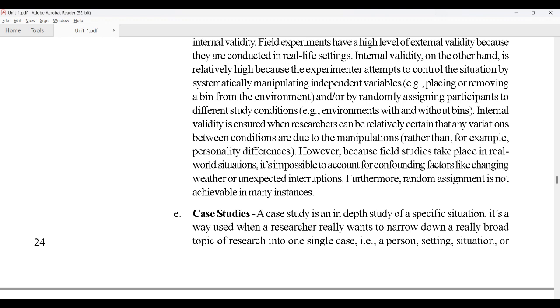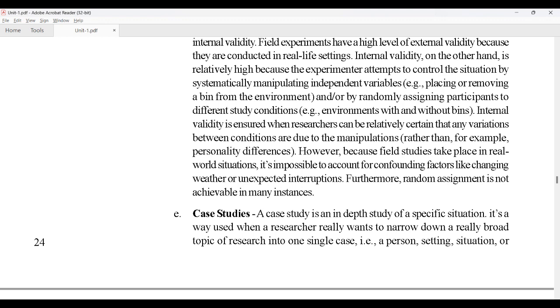Internal validity, on the other hand, is relatively high because the experimenter attempts to control the situation by systematically manipulating independent variables, for example, placing or removing a bin from the environment, and/or by randomly assigning participants to different study conditions, for example, environments with and without bins. Internal validity is ensured when researchers can be relatively certain that any variations between conditions are due to the manipulations rather than, for example, personality differences.